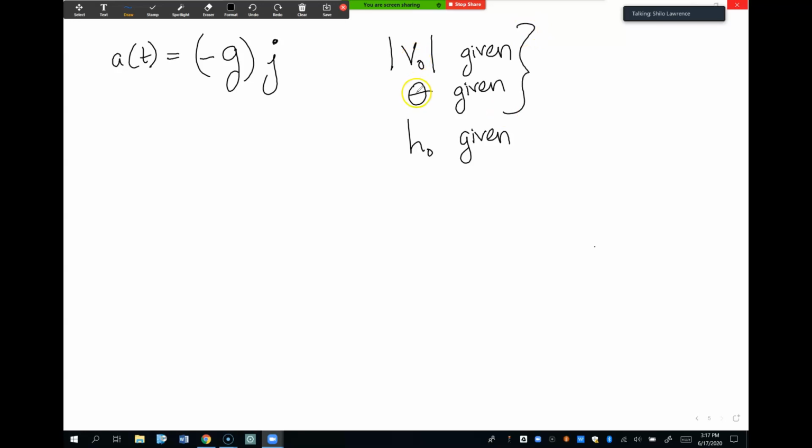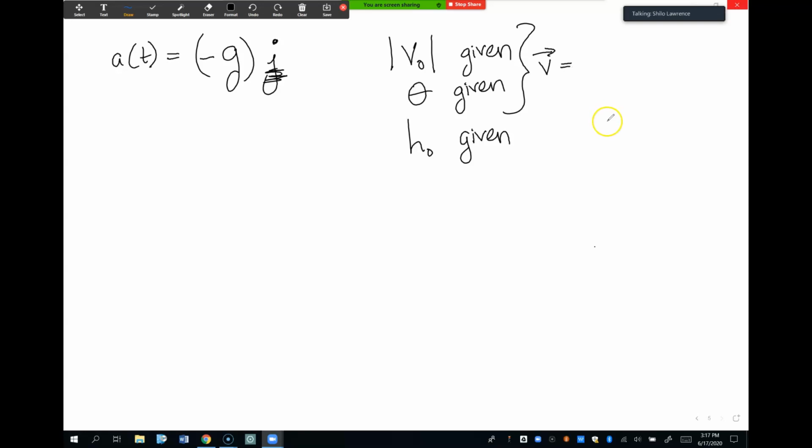This is initial velocity at a specific angle. So we're given magnitude and direction. But what we need in order for this information to be useful for us, we need this in component form, because that j right there tells me that I'm going to be working with i's and j's, which are components. So we need to use this information to turn our velocity vector into component form.